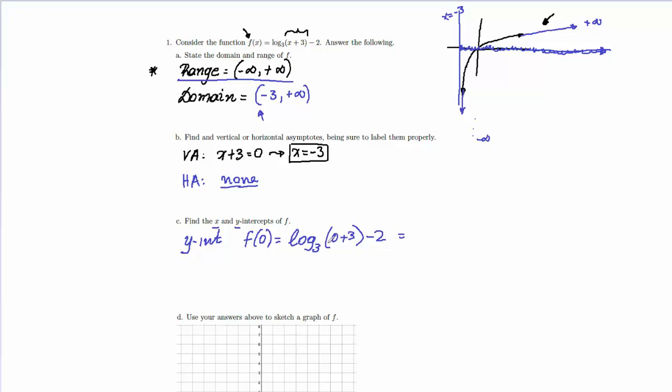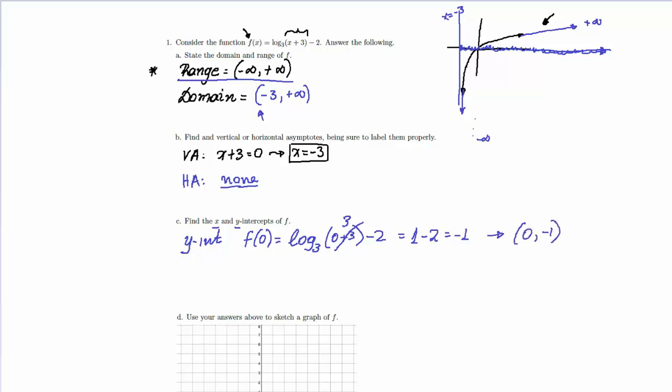Now, inside the logarithm, I have 0 plus 3, that is nothing else than 3. Now, log of 3 with base 3 is 1. So I have 1 minus 2, that is equal to negative 1. So this means that the y-intercept will be the point (0, negative 1).